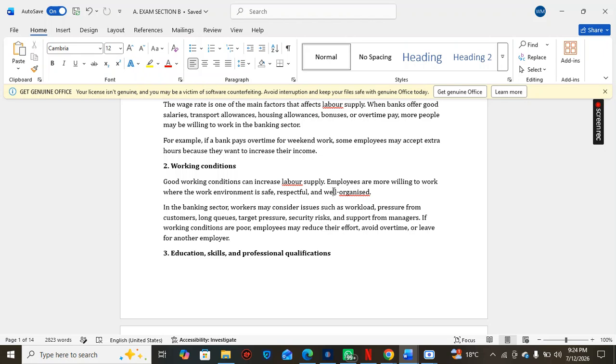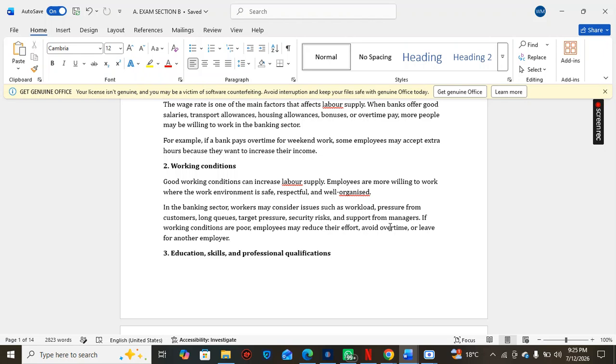I can give an example of the garbage collectors here in Zambia. We see the conditions that they're working in. Those are very terrible conditions. So not a lot of people want to work as a garbage collector. Not only might the pay not be good, but basically the conditions of the work.